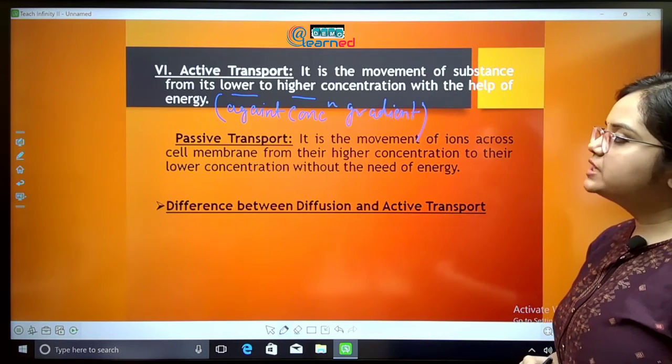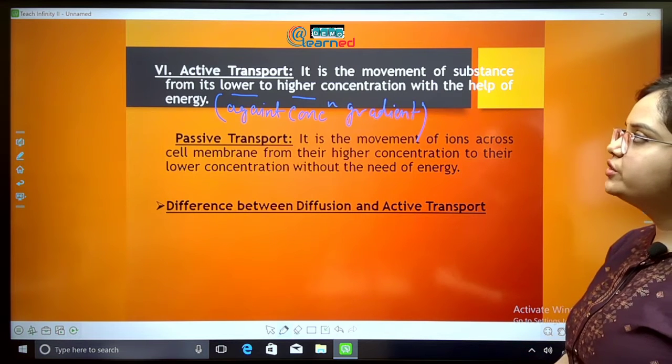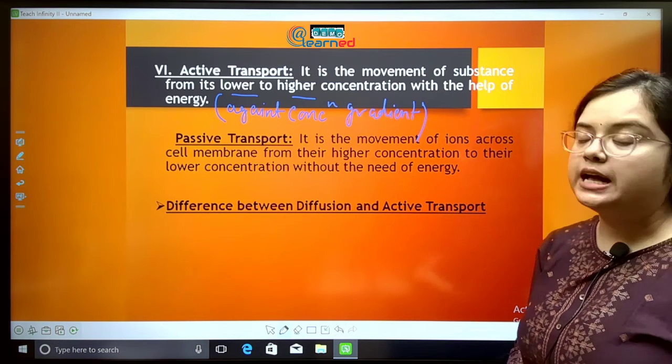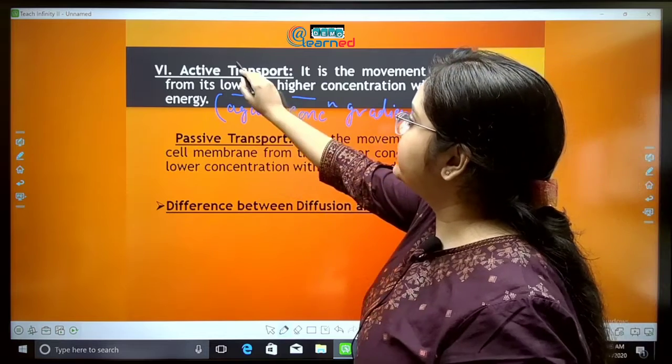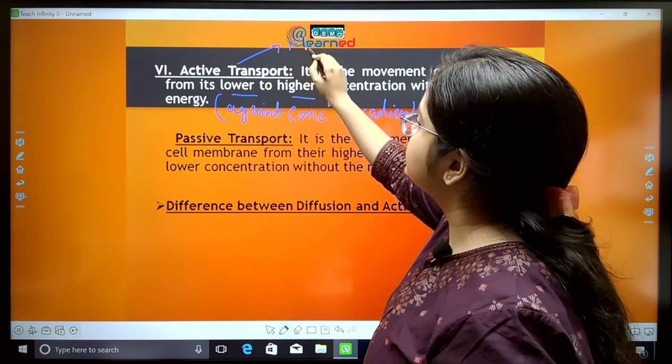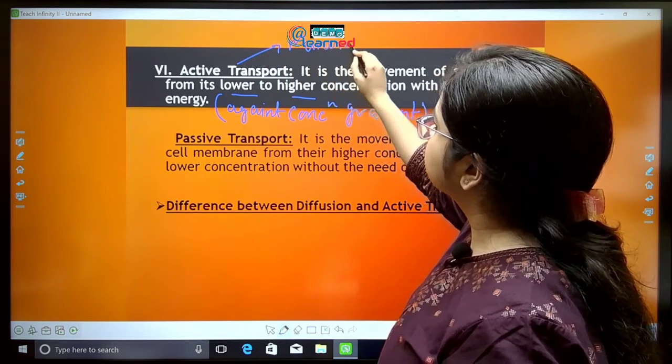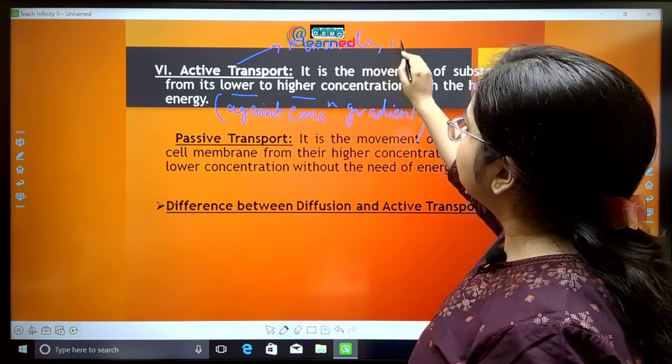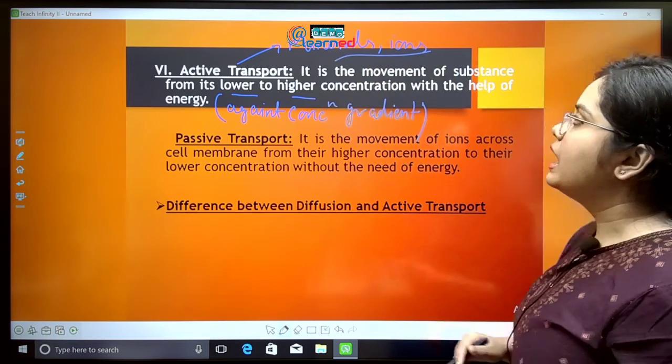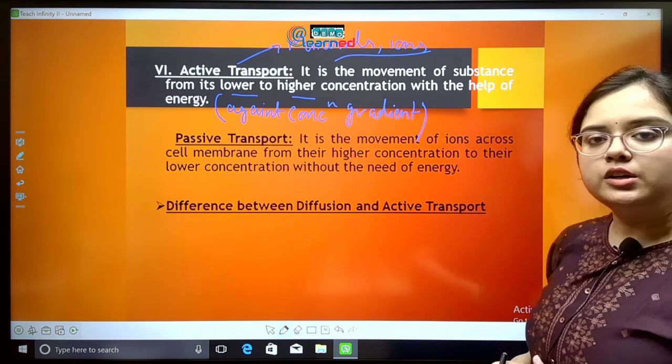So, active transport takes place against the concentration gradient with the help of energy. It takes place only to transport minerals and ions, not solvent molecules. Ions and minerals are getting transported.